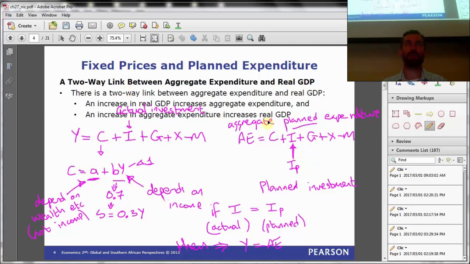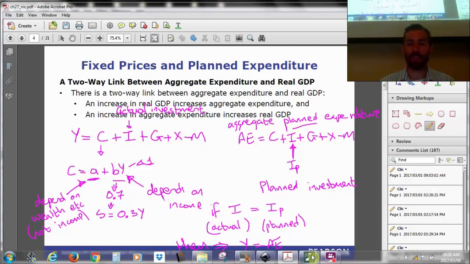So if you're following through your slides, there's this rather cryptic statement which says there's a two-way link between aggregate expenditure and real GDP. An increase in real GDP increases aggregate expenditure, and an increase in aggregate expenditure increases GDP.